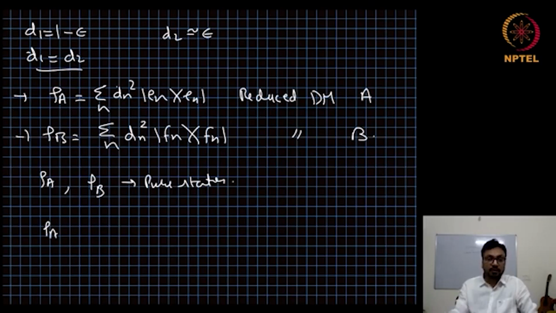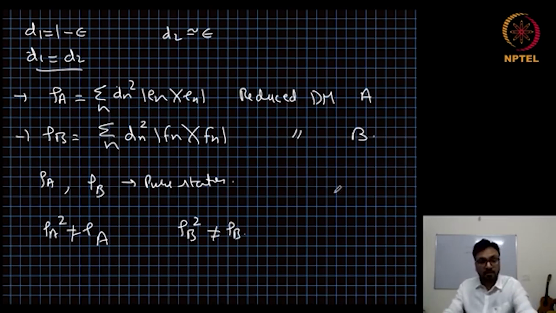So it means rho A square is not equal to rho A, and rho B square is not equal to rho B. So it seems like the purity of the reduced density matrix can be a good measure of entanglement. And for qubits, it should be reasonably straightforward to quantify.